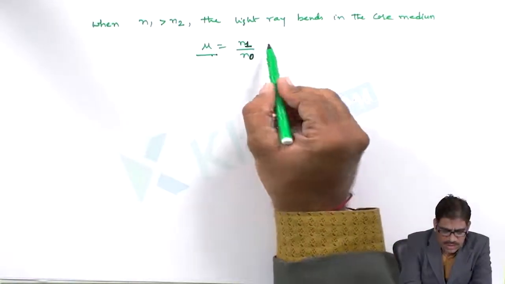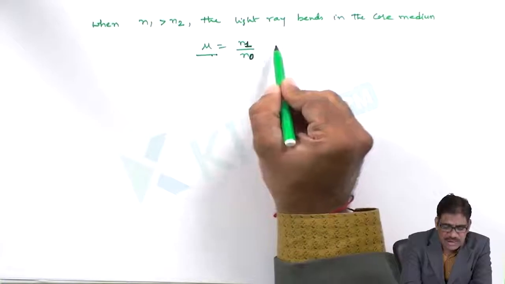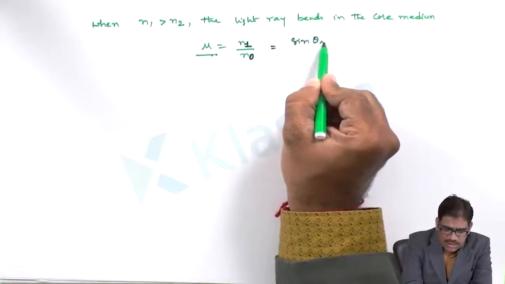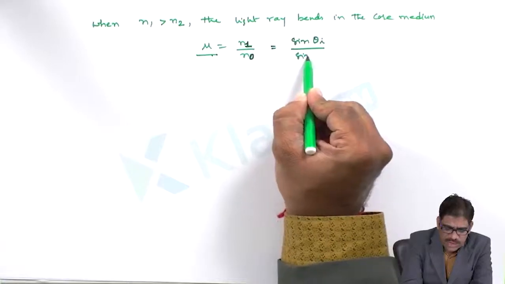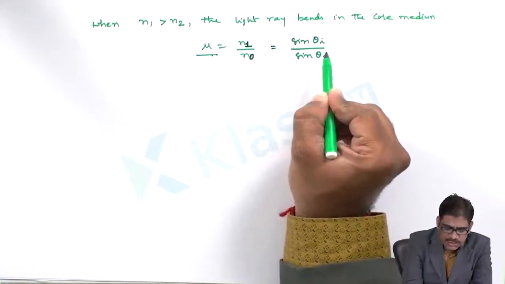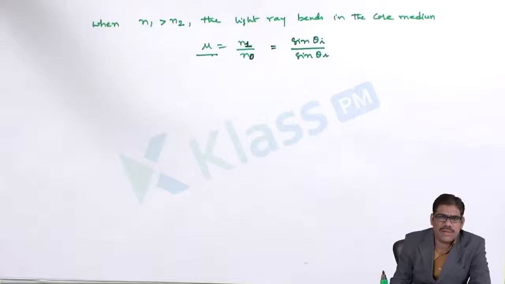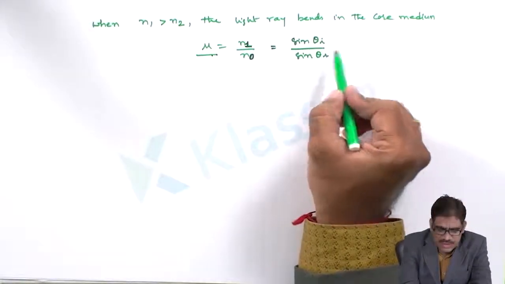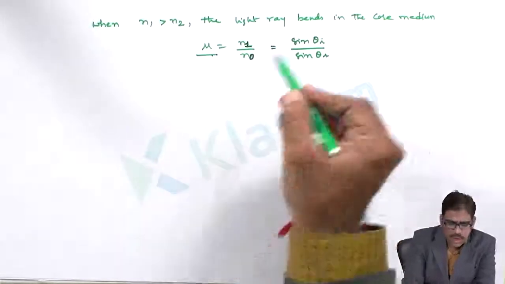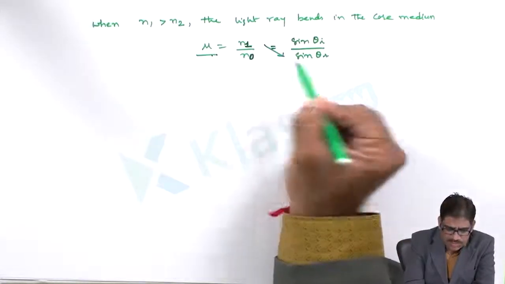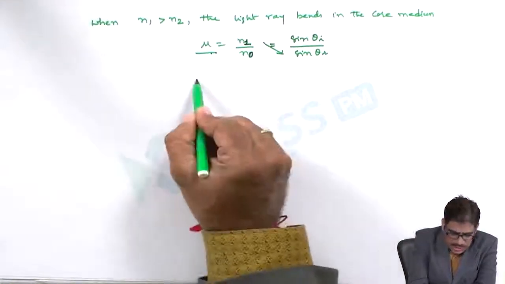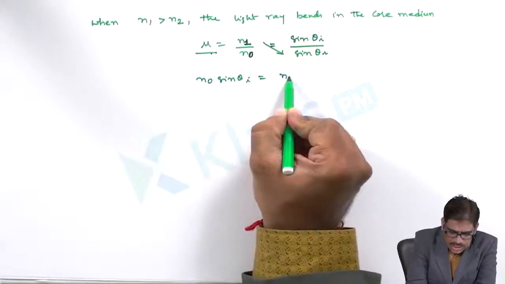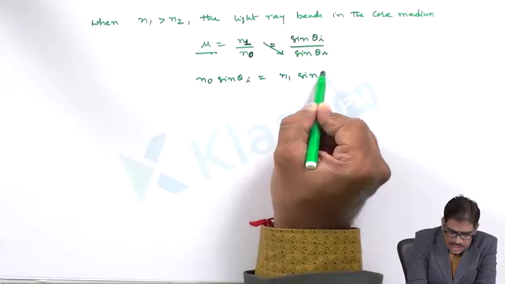So from Snell's law, we can attribute this as the sine of the angle of incidence to the sine of the angle of refraction, that is sin theta I by sin theta r. Now cross multiply this. So we get N0 sin theta I is equal to N1 sin theta r.